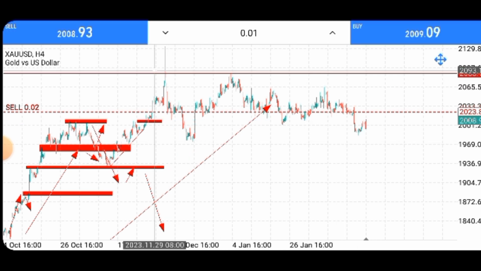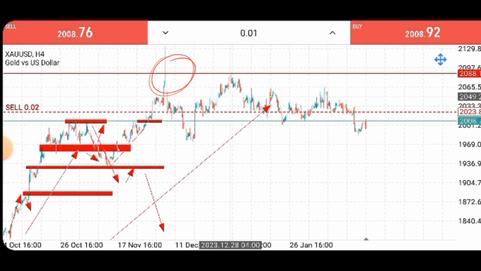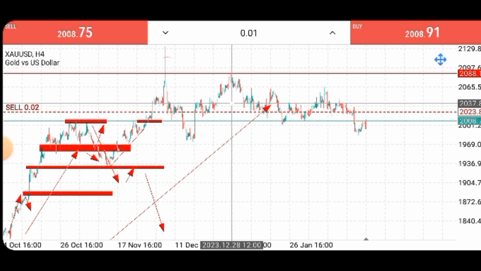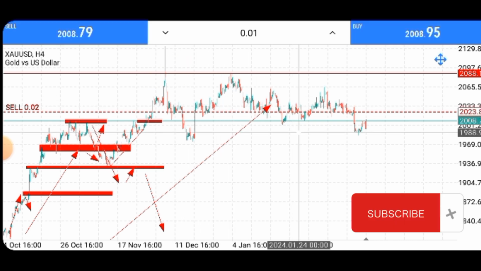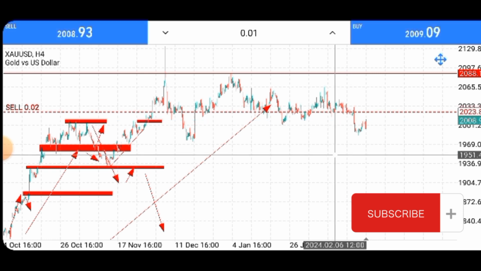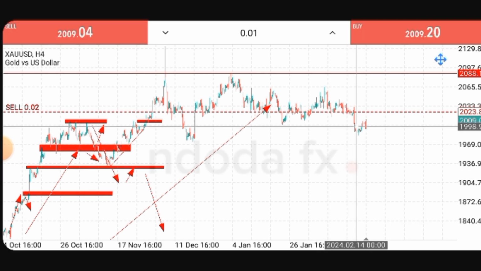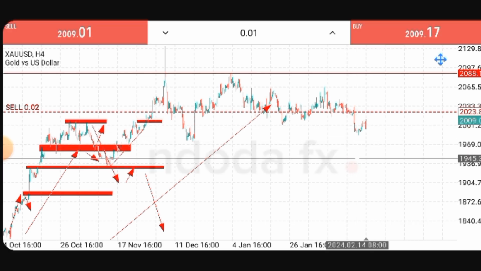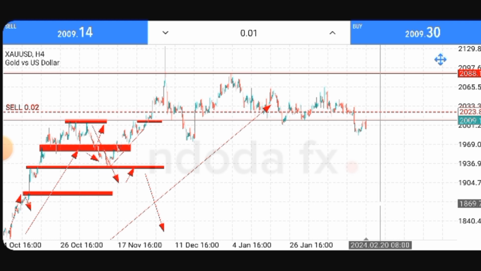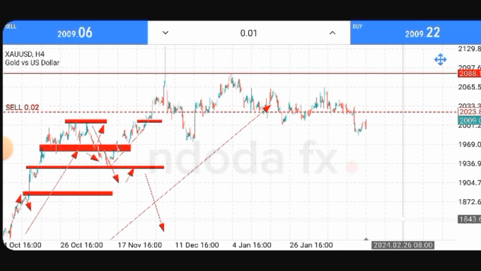So basically, the resistance had enough momentum to push price to reach these lows. If it breaks these lows, you might expect lower lows in this direction.